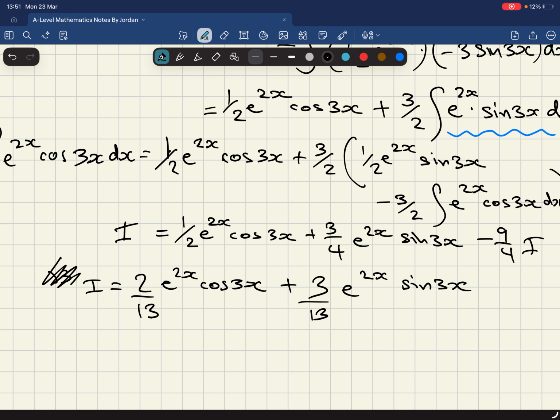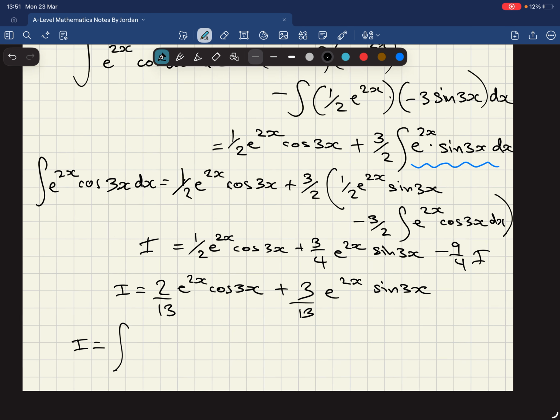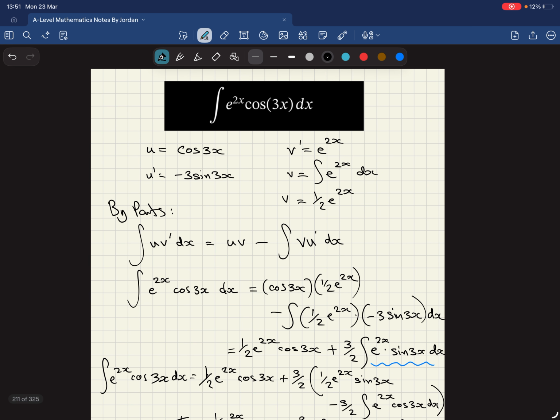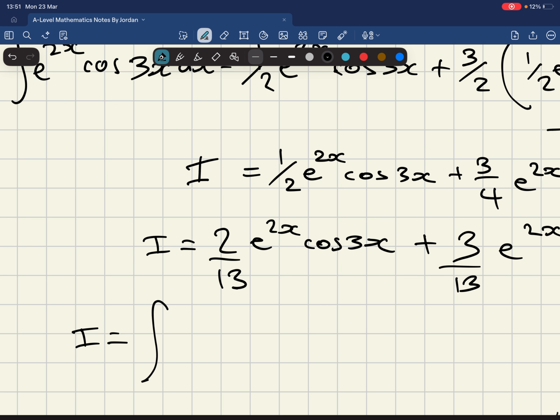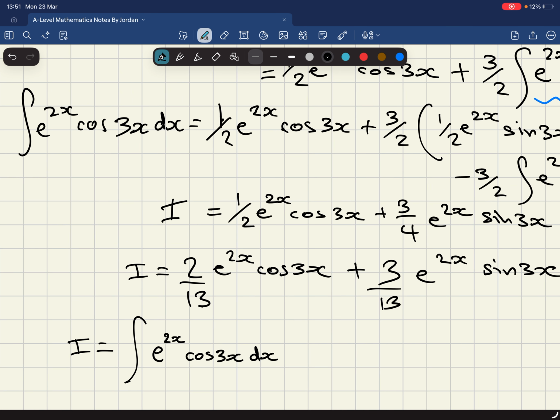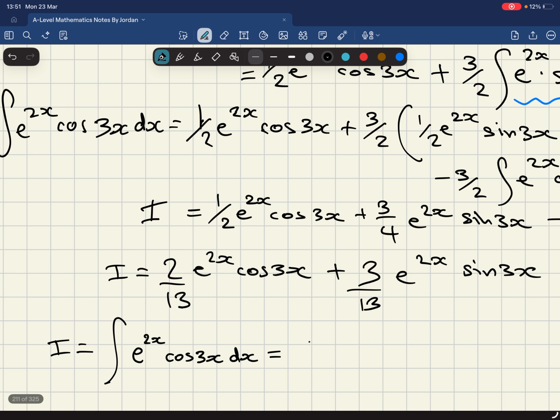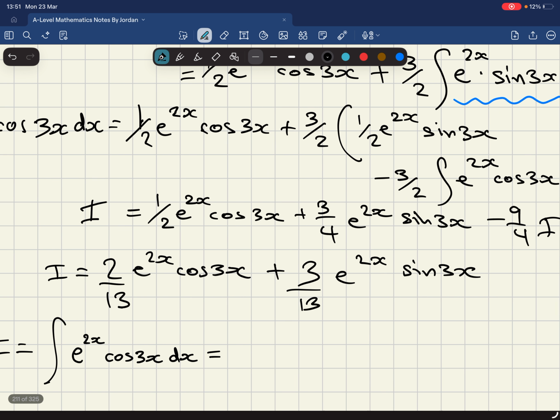It gives us I. And if you remember, we set I as being the integral that we did originally, which is e to the 2x cos 3x dx, and we have our answer here, which I'm now just going to make a little bit simpler.